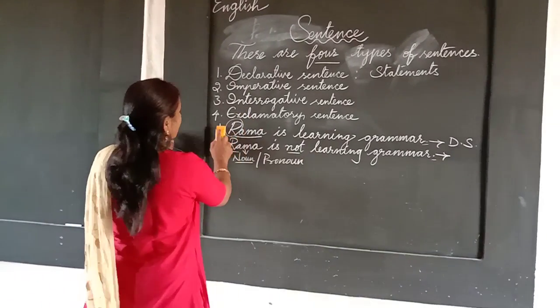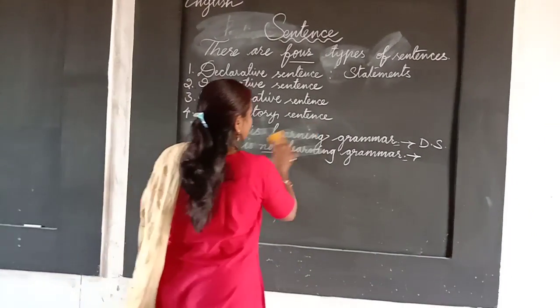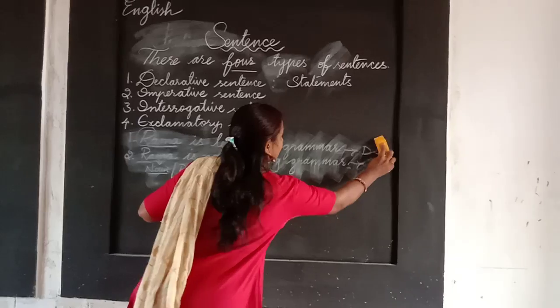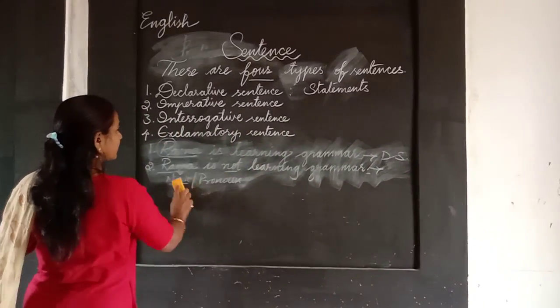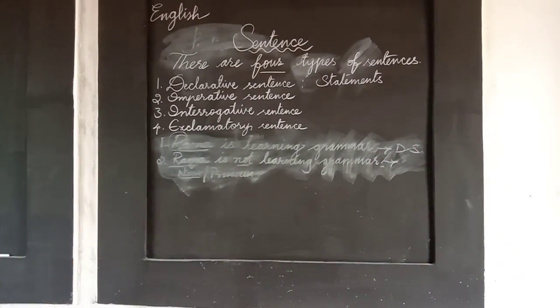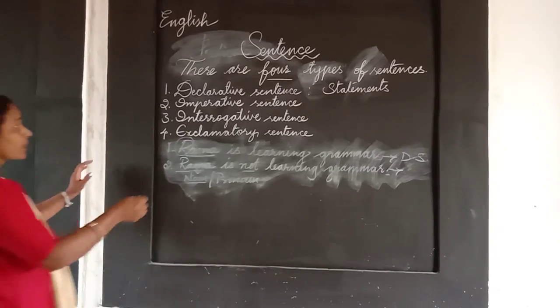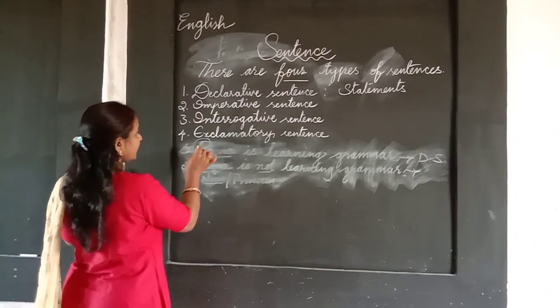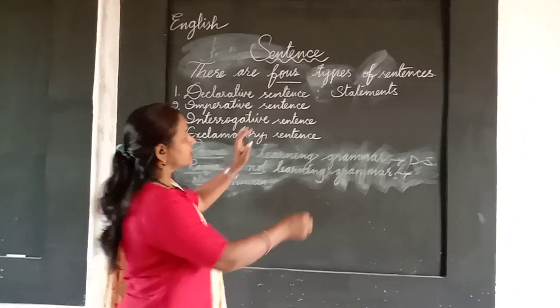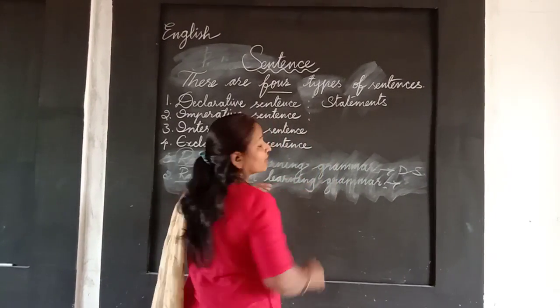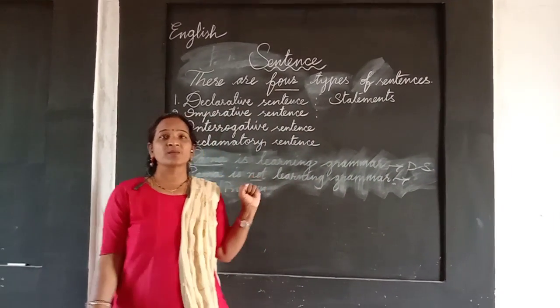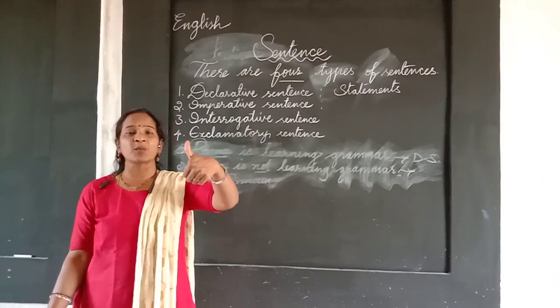Now, let's see what an imperative sentence is. An imperative sentence is nothing but, there can be different forms in it. Let's take number 1.